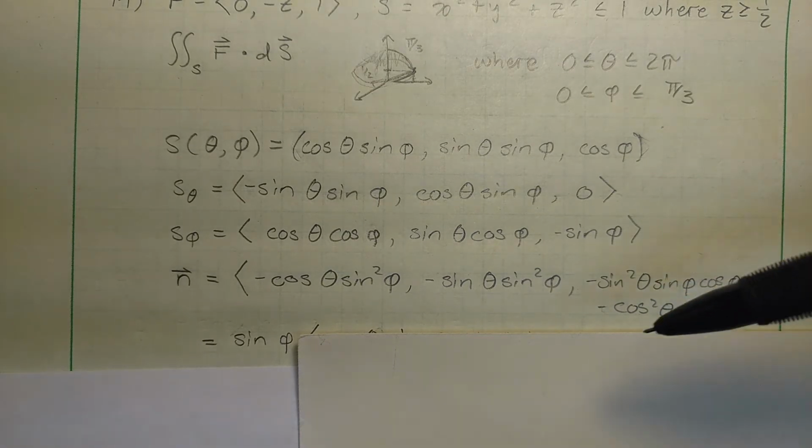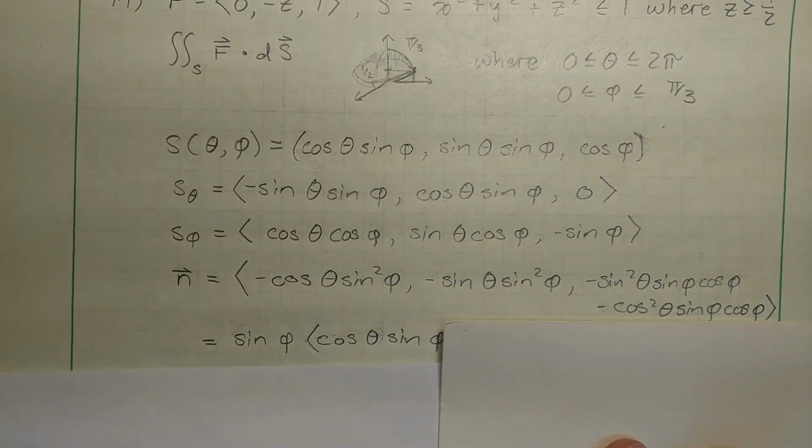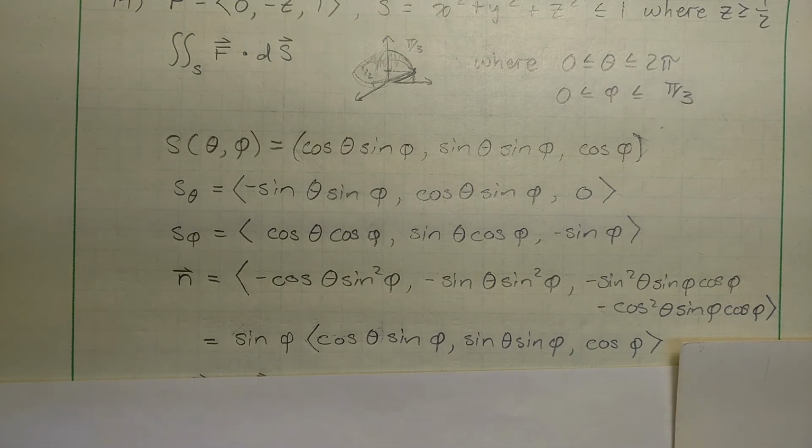If I go ahead and factor out the sine of phi, I have a sine of phi in all of these things here. I end up with this, except that I end up with negatives in front of all of these. But once again, I have to decide whether I want it positive or negative, which normal direction I want. In this case, I believe it's an upward pointing normal, where does it say the vector here?